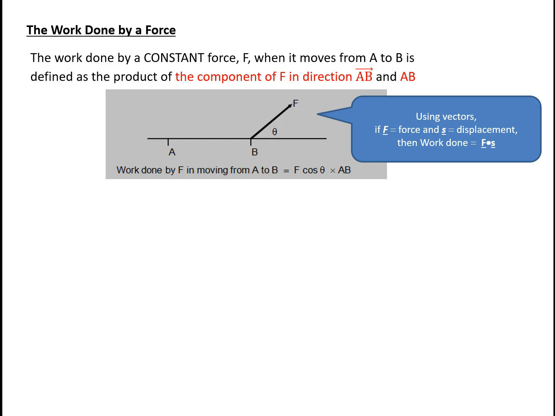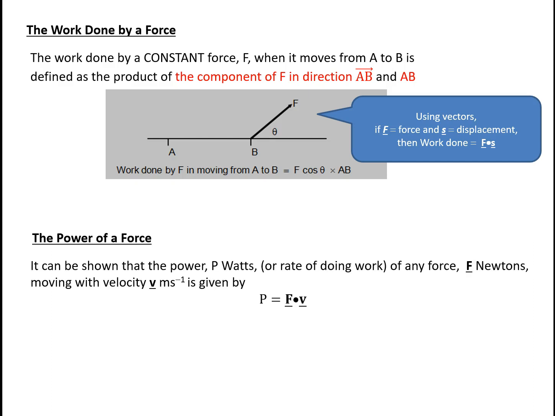In other words, if we call AB the displacement and signify it by s, then the work done is the scalar product of the force with the displacement. So we've got work done by a constant force is F dot s.